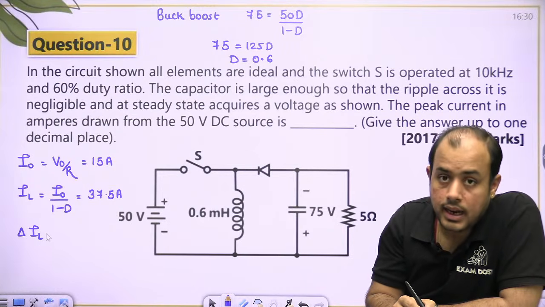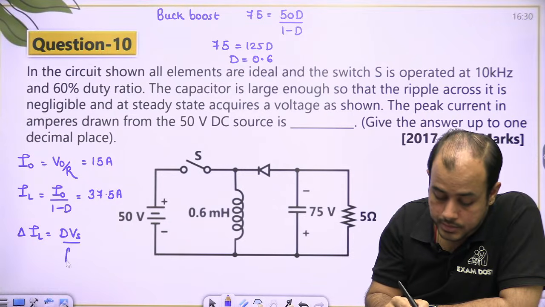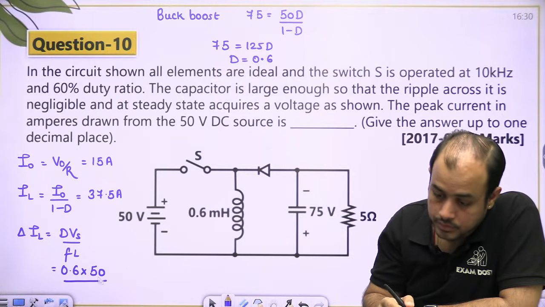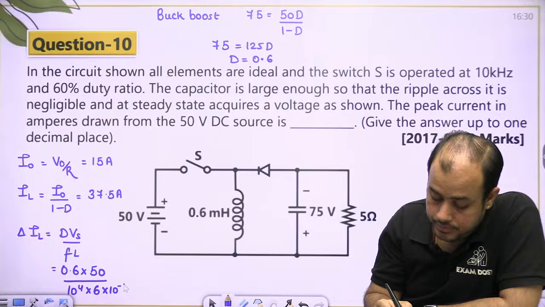Now delta IL, dVs by FL. Now what is F? 10 kilohertz. L.